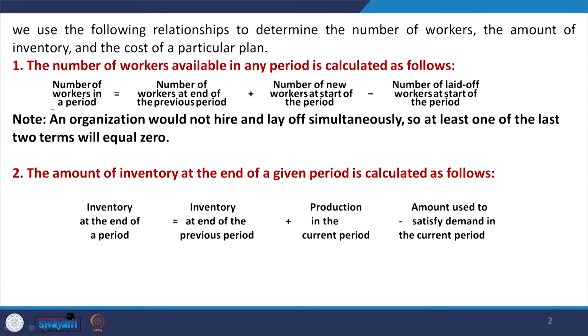For that purpose, the number of workers in a particular period is an important calculation, because depending upon the number of workers you know how much total time is available, how many units you will produce in that time, and based on your cost of regular time and cost of overtime, you will calculate the cost of your production.